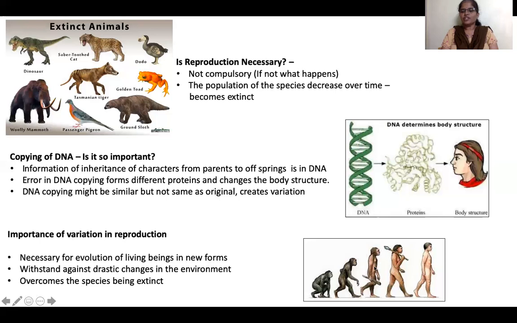Similarly, with a change in environment or any other changes, resistant species get acclimatized and change accordingly, and their life proceeds. Because of this variation, the species will not become extinct.